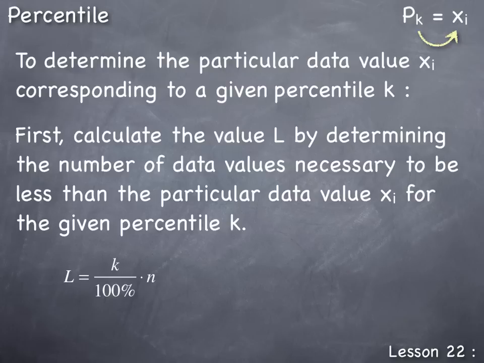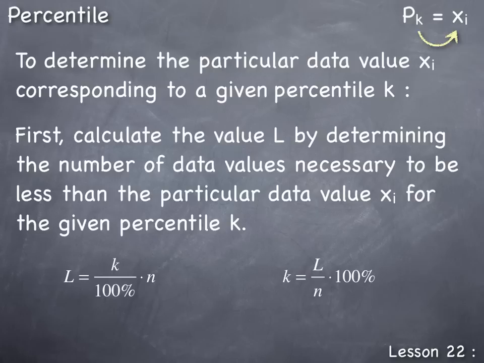This formula is derived from the previous formula we just mentioned, because basically these are the same problems, just working in different directions. So the formula we had in the previous problem, k equals L over n times 100%, to do the opposite problem, we need to solve for L. And to do that, we do all the inverse operations in the inverse order.